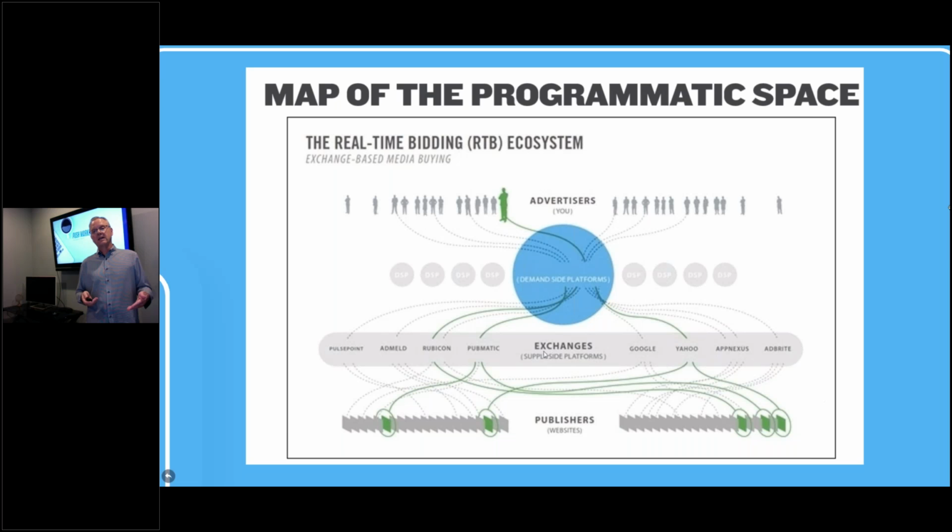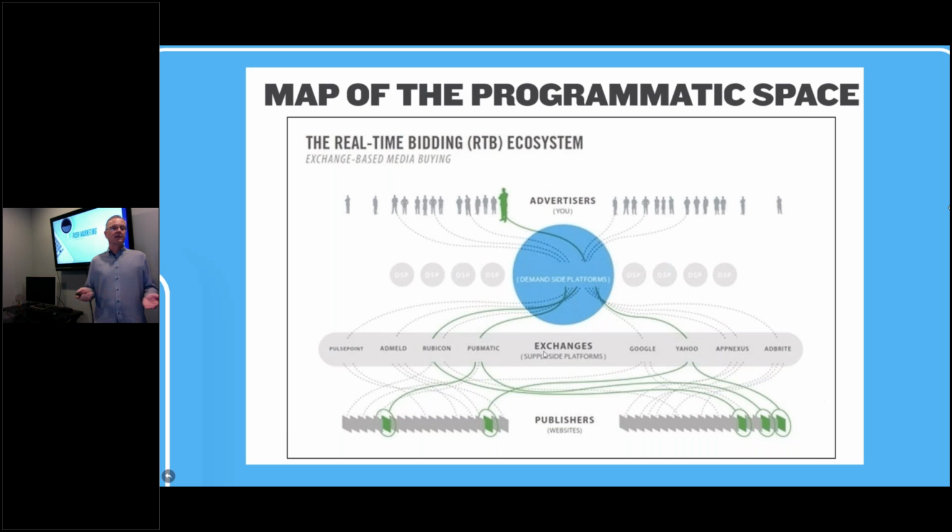Everyone's familiar with Google and Yahoo, but probably some of these other exchanges you've never heard of: PulsePoint, AdMeld, Rubicon, etc. With Google and Yahoo, if you're on just one of those platforms, you're probably getting about 20 to 25% of the available website inventory.